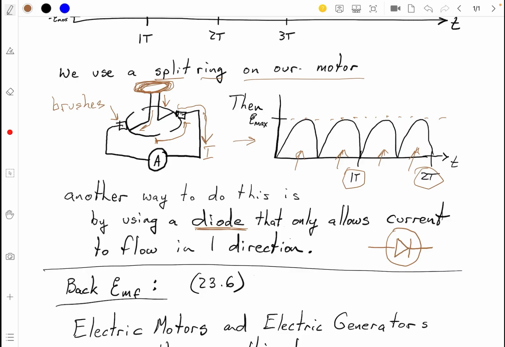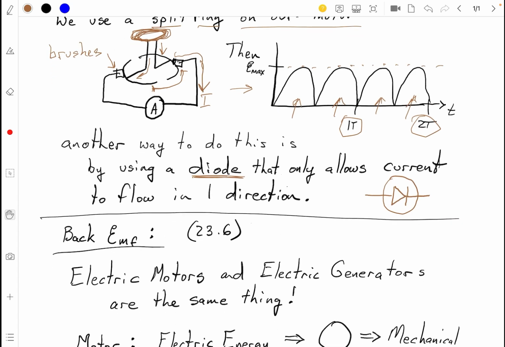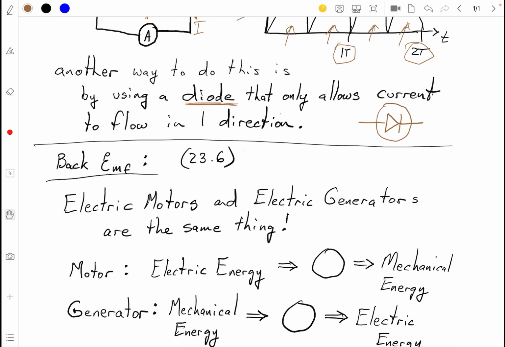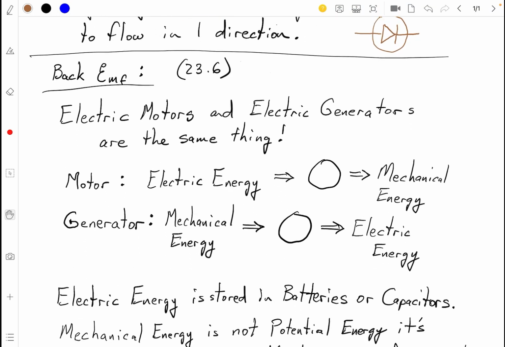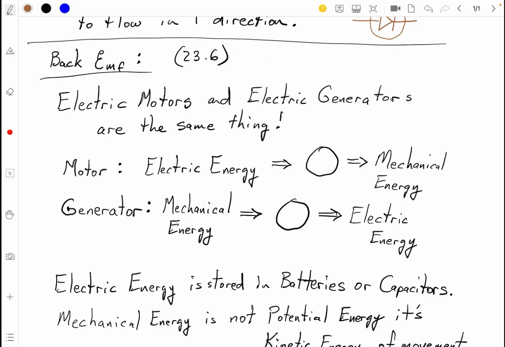That alone pretty much solves a lot of the problems that people had in the past, but they didn't know how to make diodes back in the day. So we developed diodes in the 60s, I think, and ever since, life has been just better for us. Everybody's happier. Okay. So let's get back to electric motors and electric generators.